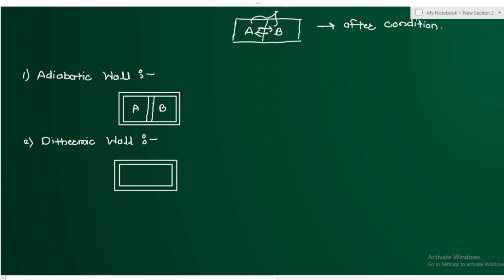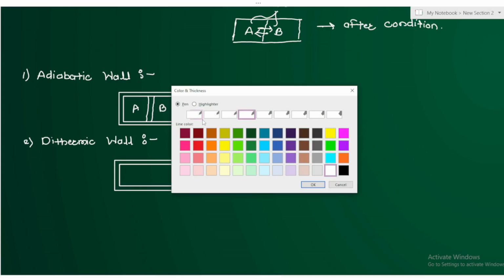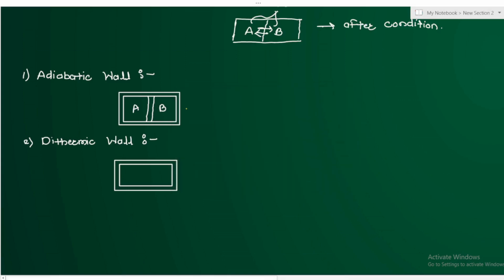I will draw the adiabatic wall in another color. This is the adiabatic wall, and both systems A and B are insulated from the outer surrounding by diathermic wall.